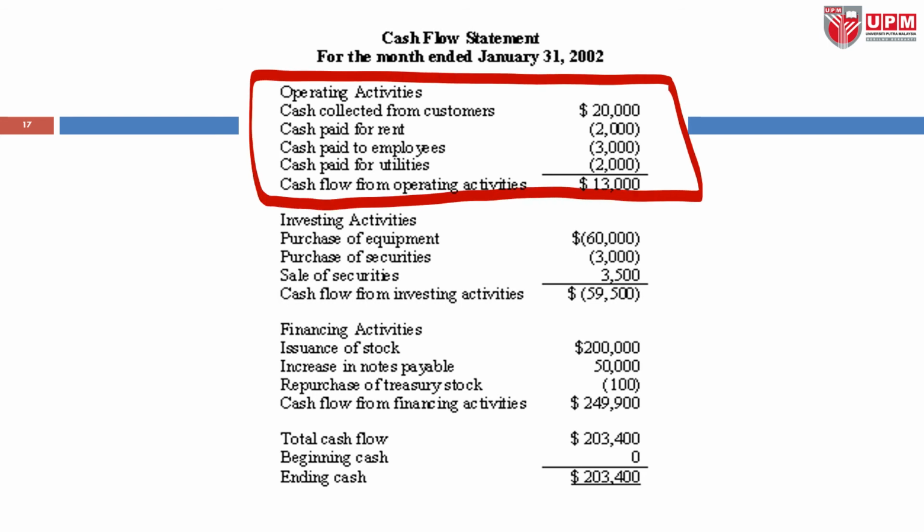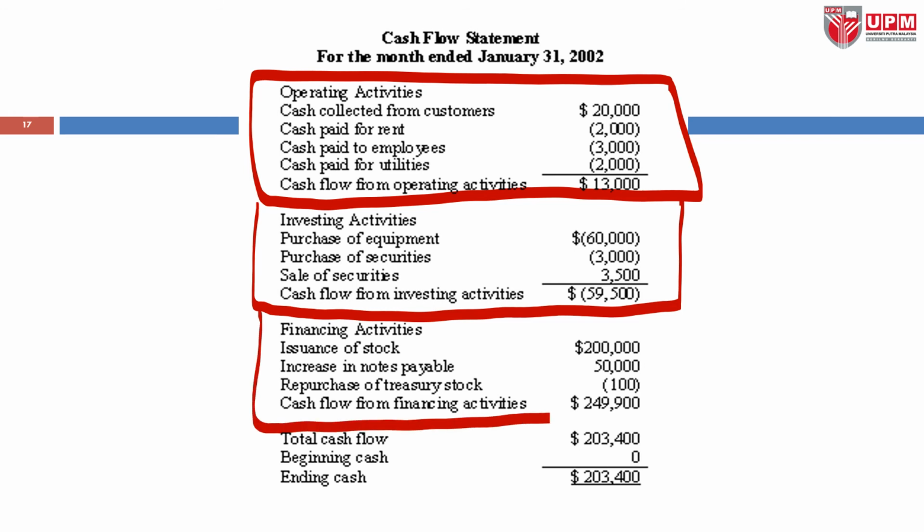The second item, the investing activities, include purchase of equipment, purchase of securities, sales of securities, cash flow from investing activities. And finally, the last part of the cash flow statement will include financing activities that involve issuance of stock, increase of notes payable, repurchase of treasury stock, cash flow from financing activities.